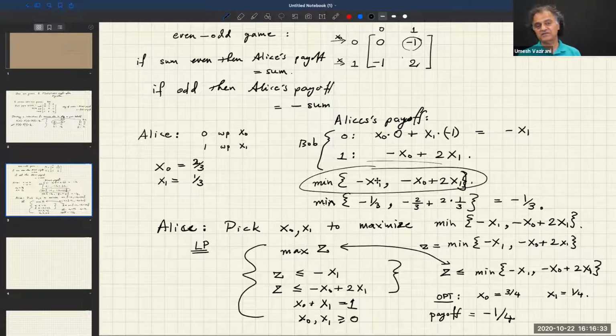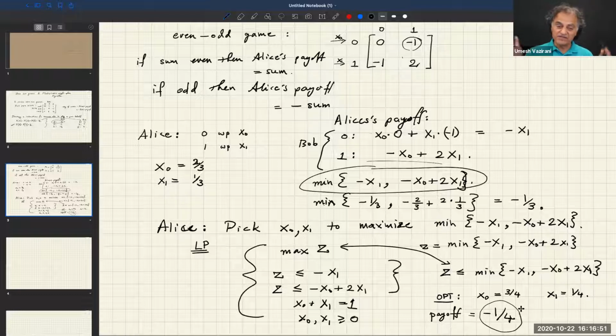And now what she's saying is, with this strategy, 3/4, 1/4, she can rest assured that no matter how well Bob plays, she's guaranteed an expected payoff of -1/4. She's not going to do worse than this. Of course, if Bob messes up, she could do better. But if Bob plays optimally, she'll do at least this well.